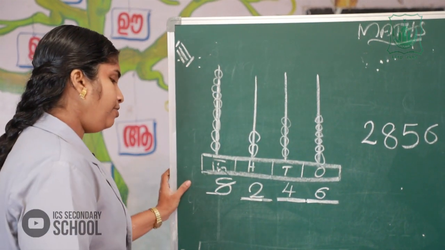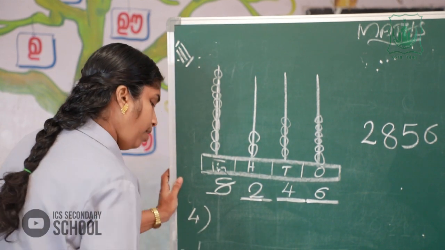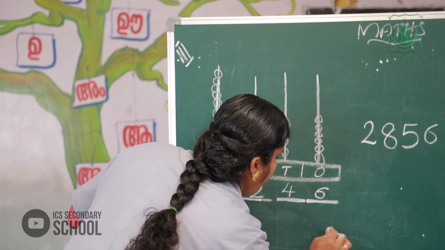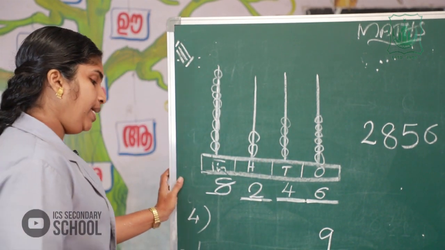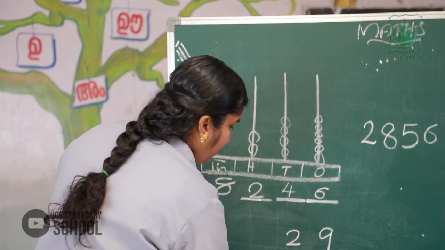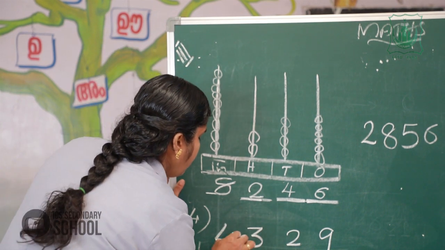Okay. Next one. Exercise number 4. First, 1 place bead is 9. 10 place bead is 2. 100 place bead is 3. 1000 place is 4.